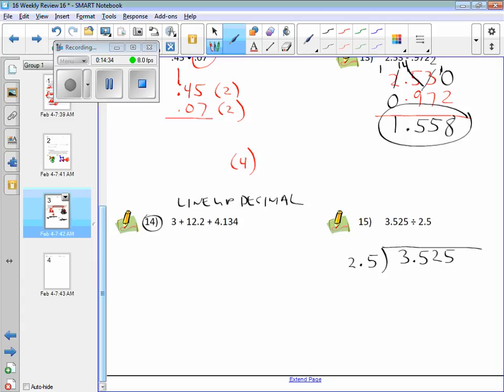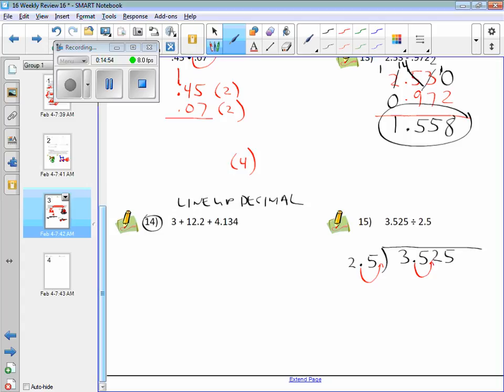Now, if you recall, back when we did this lesson, you can't leave a decimal outside of the house. You have to make this a whole number. So you do that. Technically, we're multiplying both the dividend and the divisor by 10, which is the same as moving the decimal once to the right.